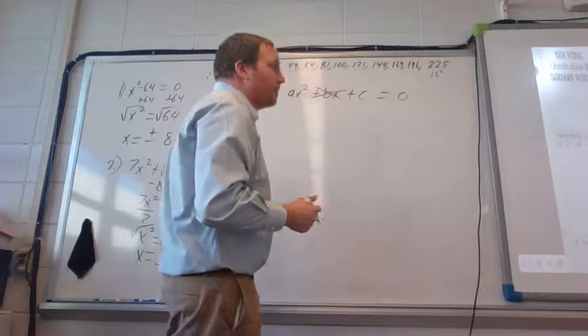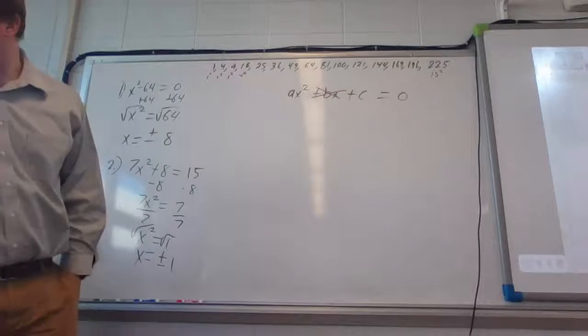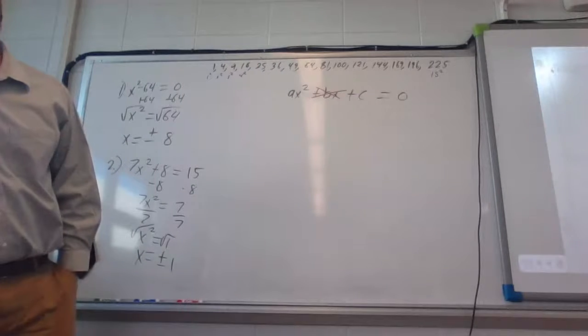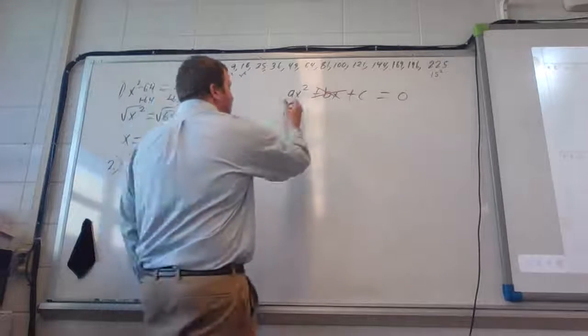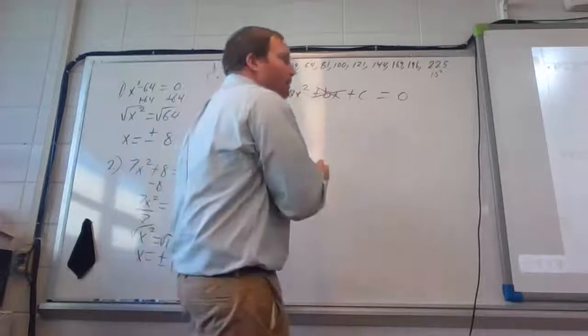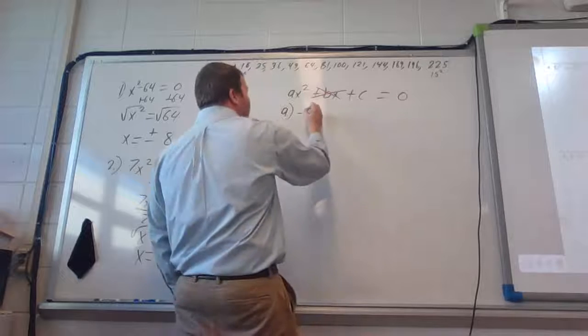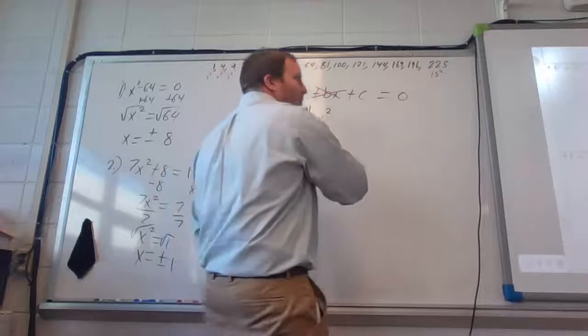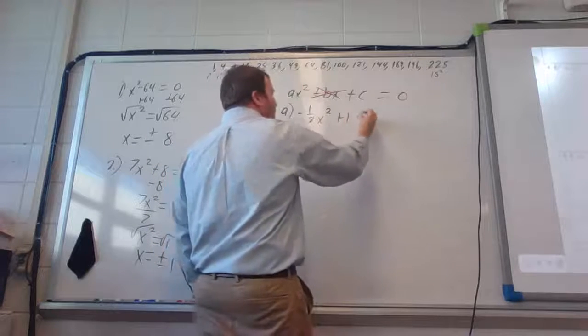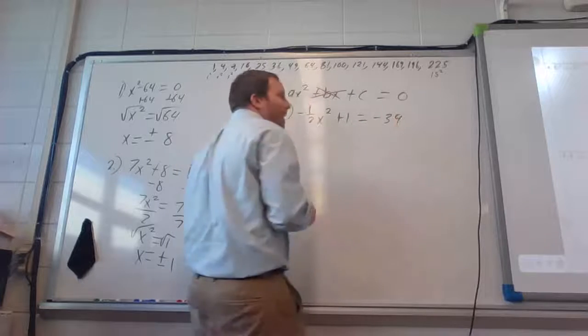Can we do number 9? So let's look at number 9. We've got negative 1/2 x squared plus 1 equals negative 39.